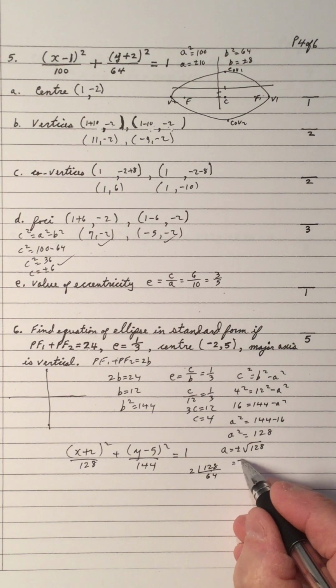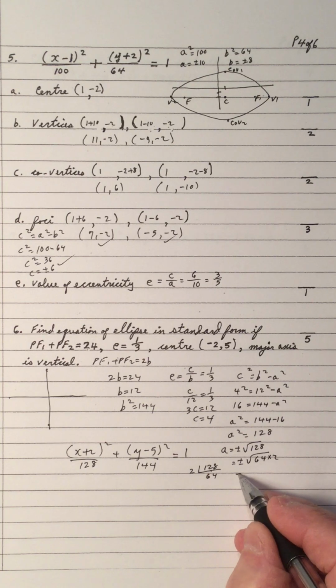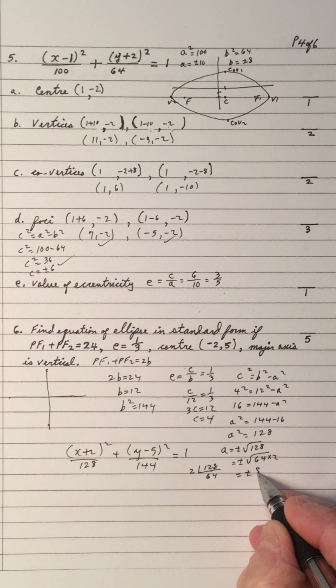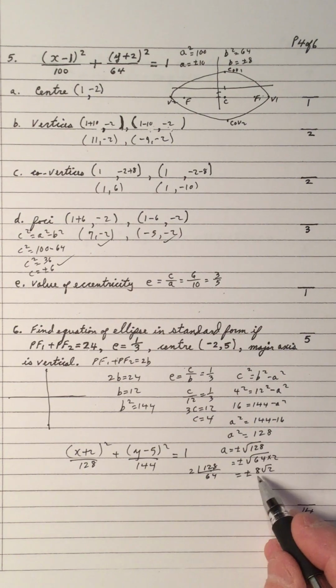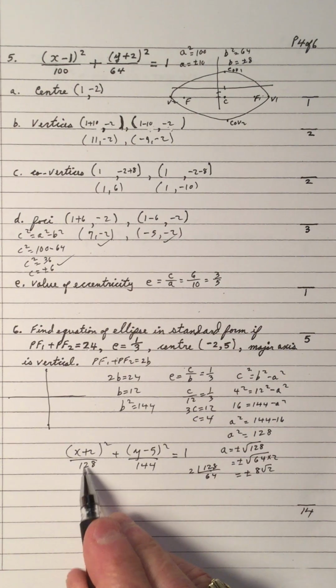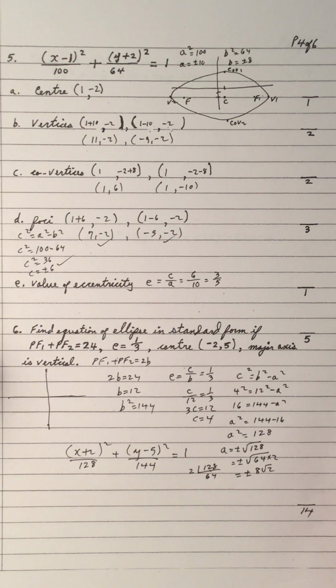So that's plus or minus the square root of 64 times 2. So that's plus or minus 8 root 2 if you wanted a radical. But I didn't need a. I just needed a squared. But if you wanted to get what a was as a radical, it would have been 8 root 2.